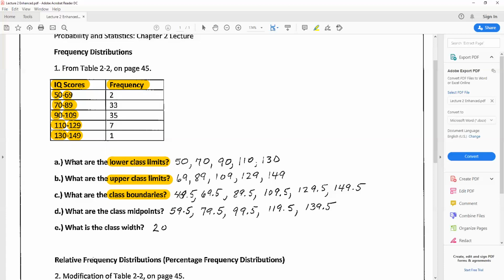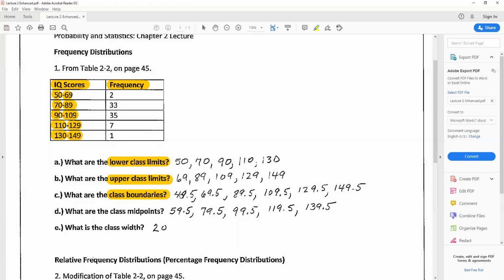For example, if you had a student who scored a 49.5, well, if you round up, you would put them in the 50 to 69 range, right? If they had scored, let's say, a 49.4, then they would have to go into a lower range, which means we would actually have to create another row. So the question is, if you're addressing class boundaries, what's the cutoff score?